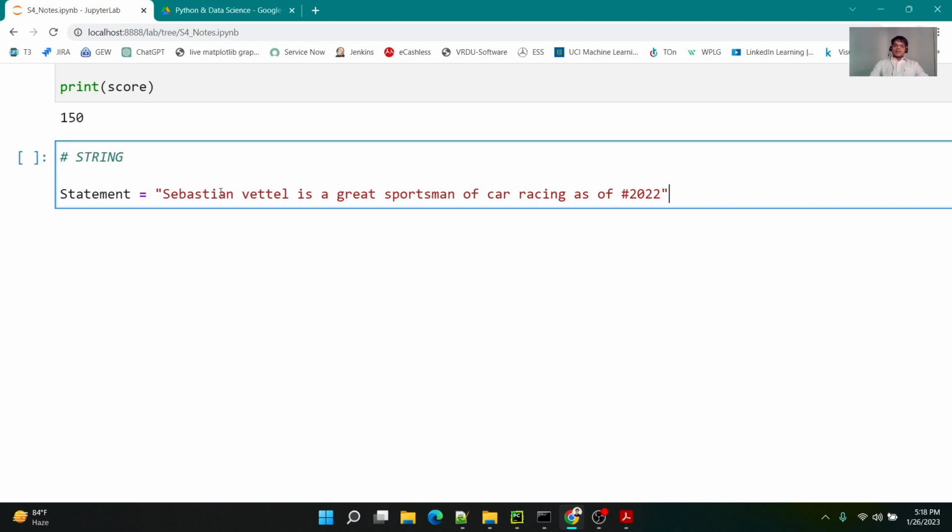You see, my string data doesn't only contain capital case, but it also contains small case, the space, hashtag, numbers, and it is all encompassed within quotes. And mind you, the quotes need not always be double quotes.